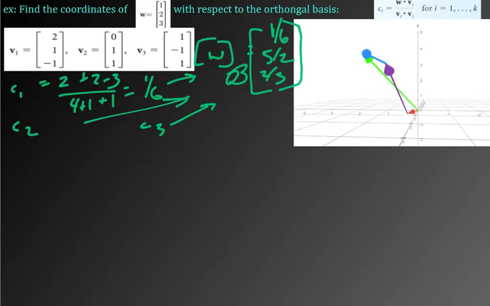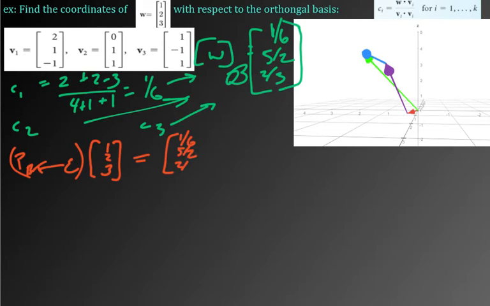I'm going to make P that sends E to B. E is going to be the standard basis, and then I'm going to apply that matrix to the vector 1, 2, 3, because that is W written in terms of the standard basis, just 1 i hat, 2 j hats, 3 k hats. And hopefully it should equal 1, 6, 5 halves, 2/3.